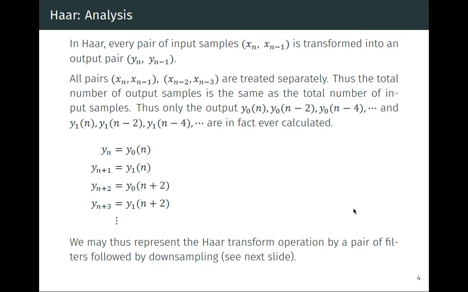That's what I explained here. So this is how we get it. You see this kind of skip. You need the results at n, but then you just need n plus 2, and you don't need n plus 1. And in terms of pure filtering operations, or the kind of stuff you have in systems, that corresponds to downsampling.